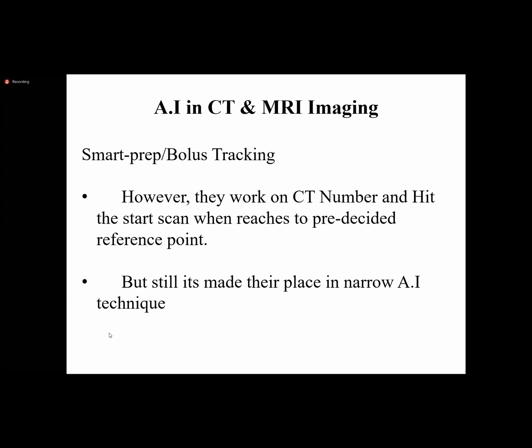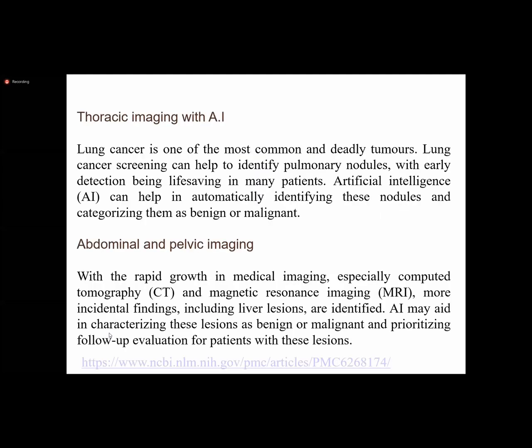Basically, smart prep and bolus tracking does not come under an artificial intelligence system, but somehow it starts automatically after tracking a certain CT number and triggers the scan automatically. So it has been placed into the AI system also, but it comes under narrow AI techniques.